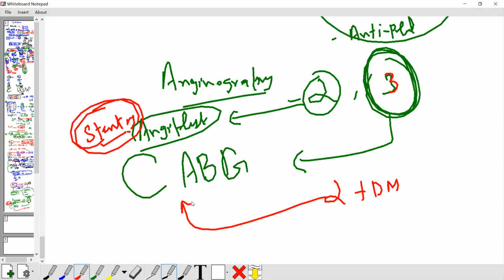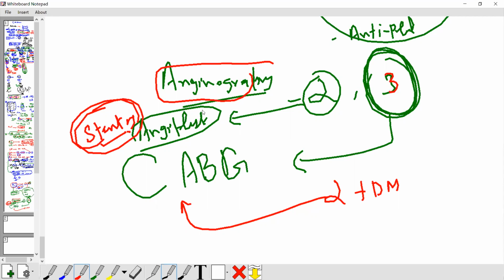This is the full management plan of ischemic heart disease. Understand the medication, and every time you need to decide about surgery. We perform angiography, see how many vessels are involved and occluded, and the patient needs either stenting or CABG depending on how many vessels.